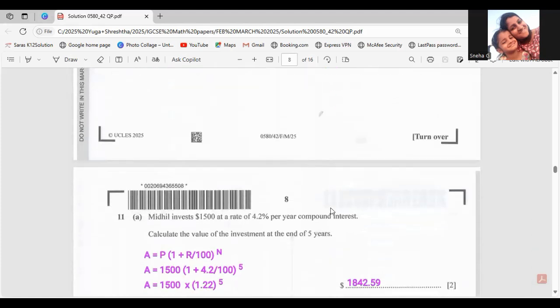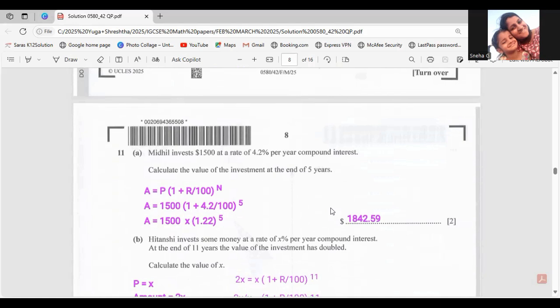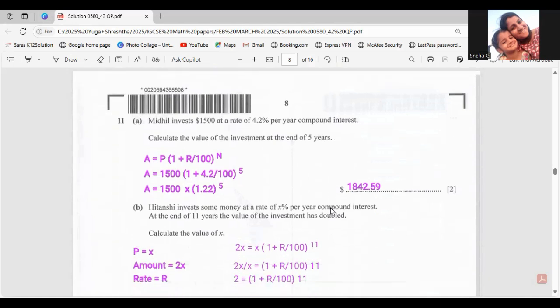I will scroll down further to question number 11. Vidhi will invest $15,000 at a rate of 4.2% per year compound interest. Calculate the value of the investment at the end of 5 years. So A is equal to P bracket 1 plus R divided by 100 to the power of N. This is the formula that we will be using to calculate compound interest.